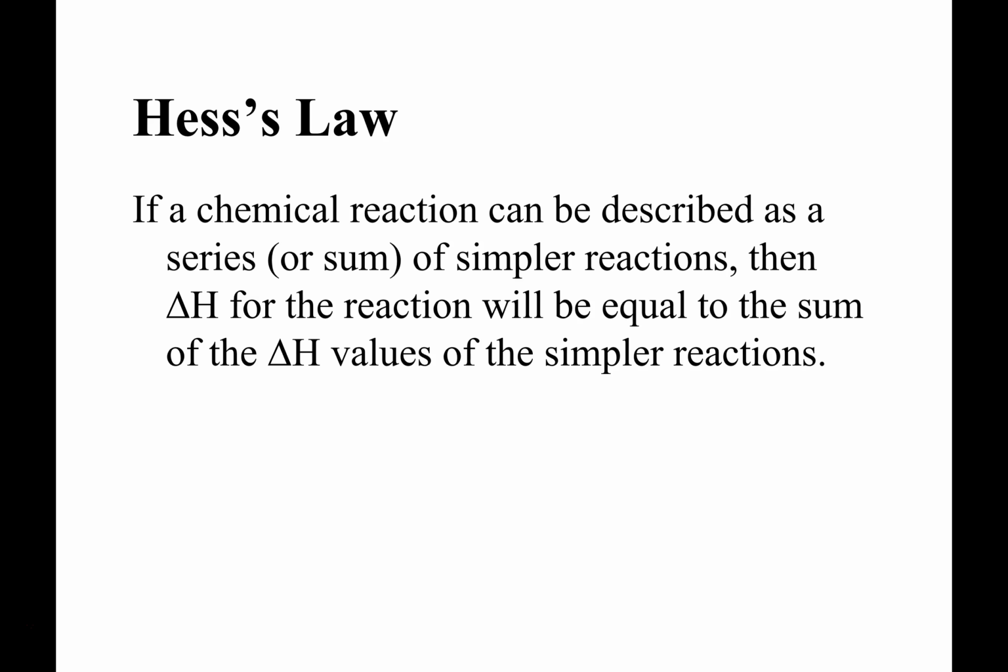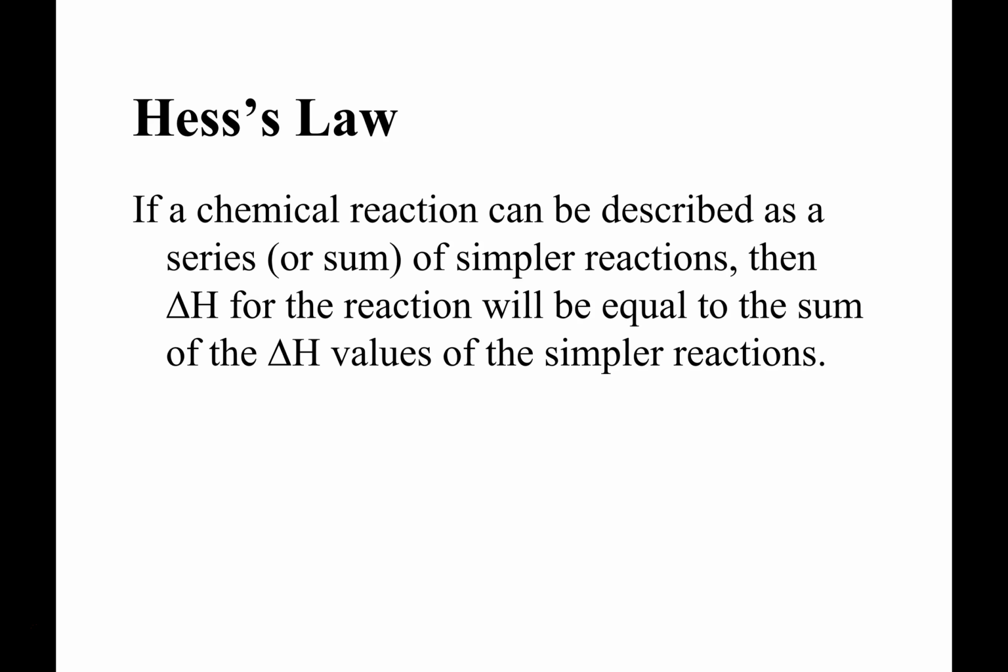But Hess's law says if your overall reaction of interest can be described in a series of other reactions, and I've written 5 up here, then the way this works is, we've talked about enthalpies of reaction, so that's delta H of reaction. I'll have a delta H of reaction for each of these 5. 1, 2, 3, 4, 5. Then all I have to do is add these together, and that's the delta H of my reaction of interest.